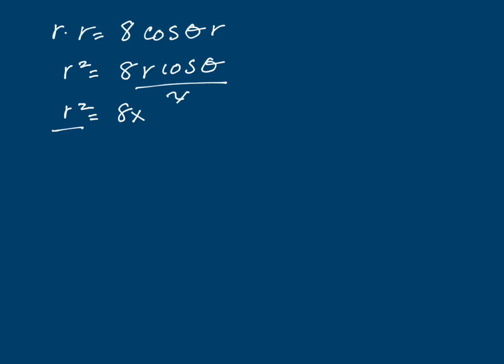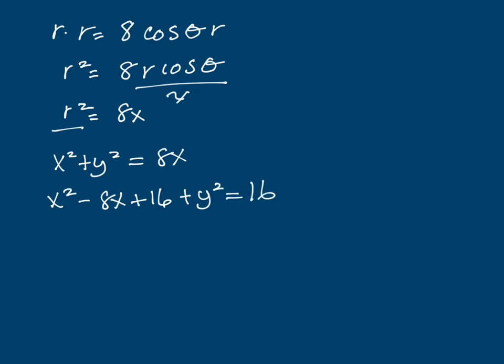Now, r squared is x squared plus y squared equals 8x. So x squared minus 8x, let's complete the square, plus 16, plus y squared equals 16. So x minus 4 quantity squared plus y squared equals 16.